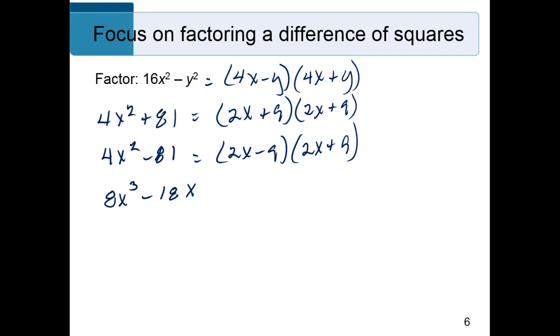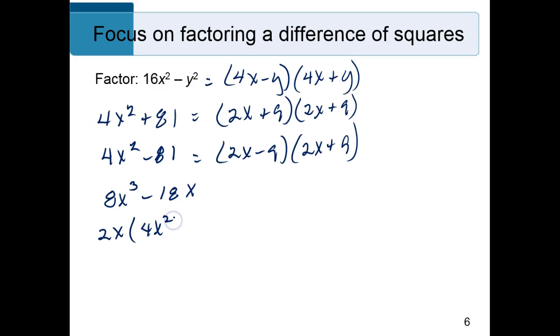So we give up, right? No. You're going to have to take out a 2x. Yes, you can factor out a 2x out of both terms because we always look for our greatest common factors. And what do you have left in the first one?